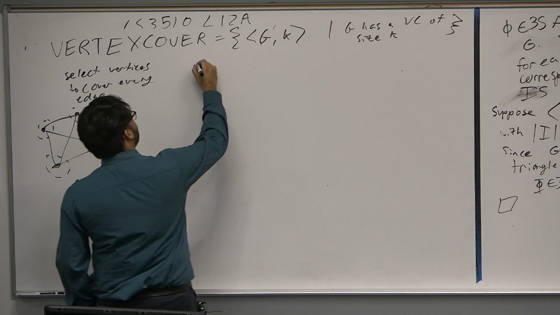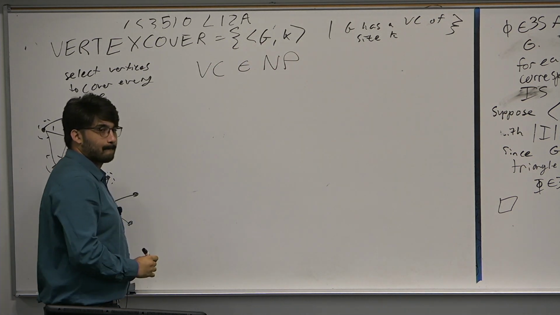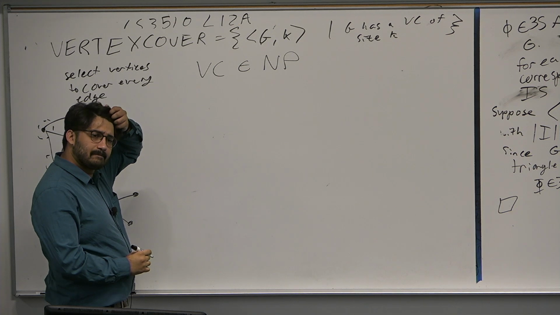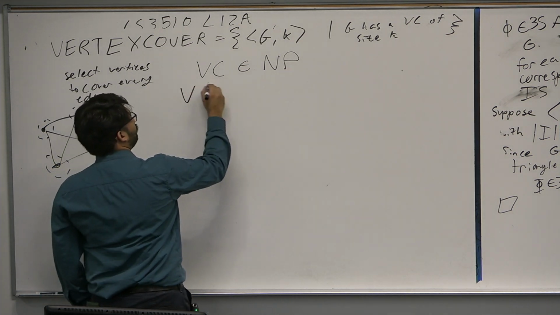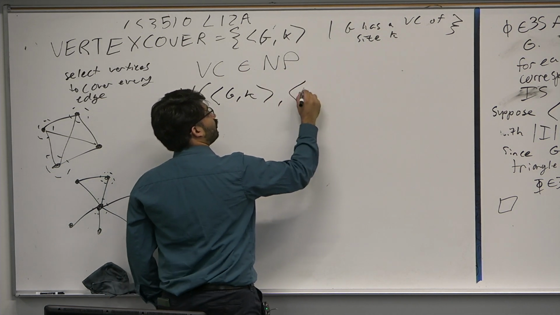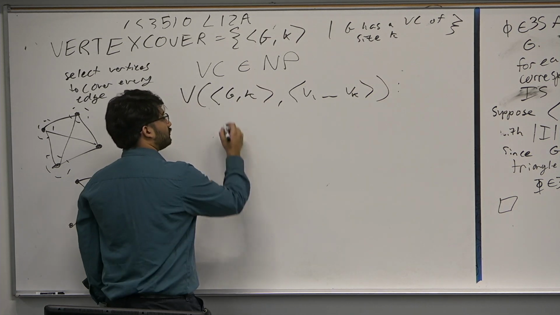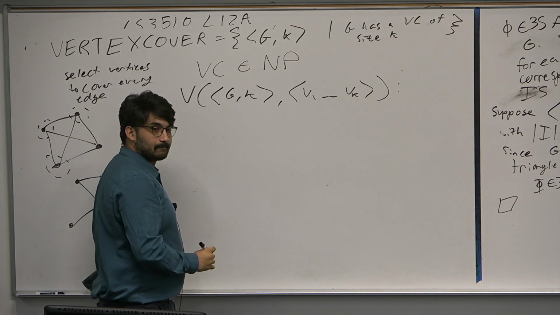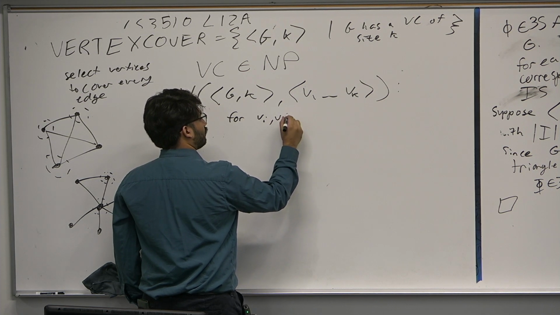First off, why is vertex cover in NP? Let's just write it down. V on input, let's say G comma K. Our witness is going to be of the form V1 to Vk. It's going to be vertices. What are we going to check? Every edge, make sure that at least one of the endpoints is in the witness.